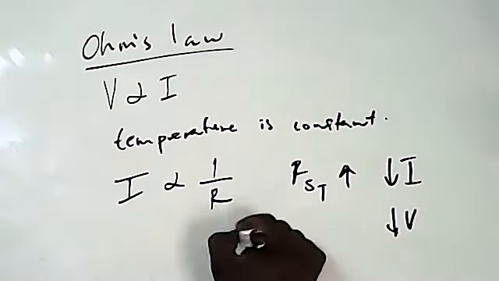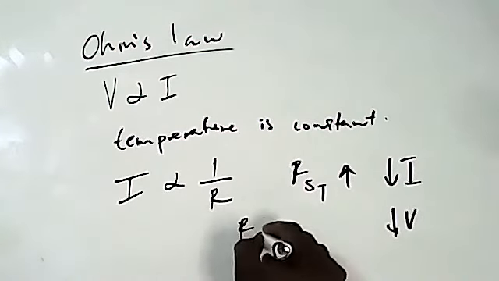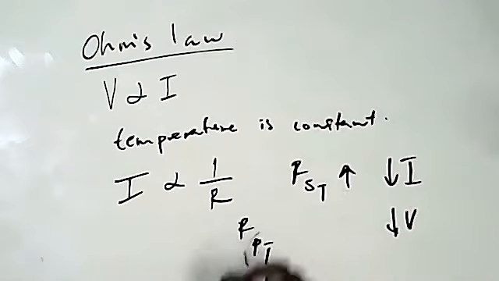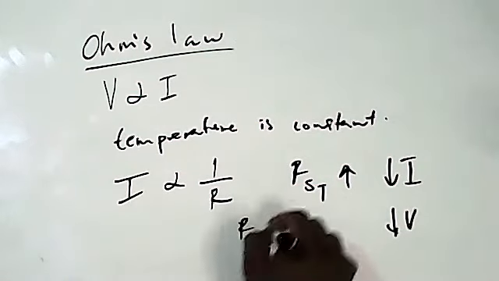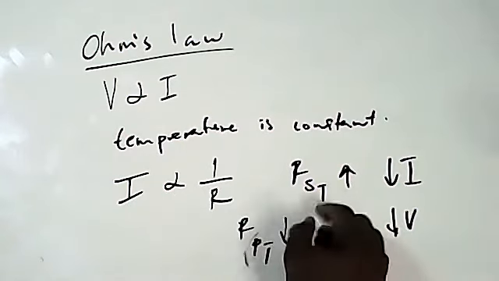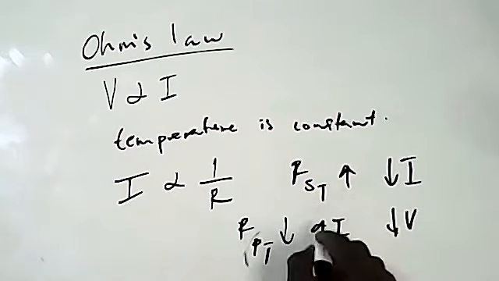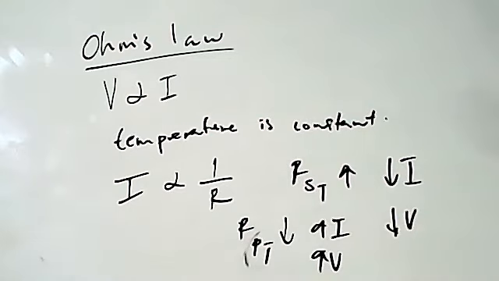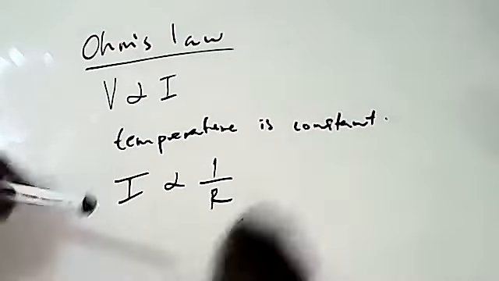But if you are adding resistors in parallel, we know that the total resistance will decrease. And if the total resistance decreases, the current will increase. And if the current increases, the voltage will also increase. I hope that makes sense. So just understand these two things.